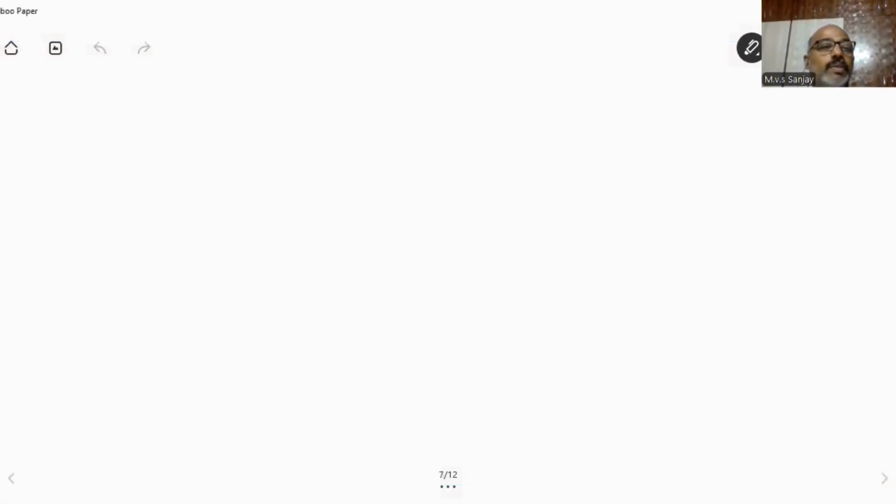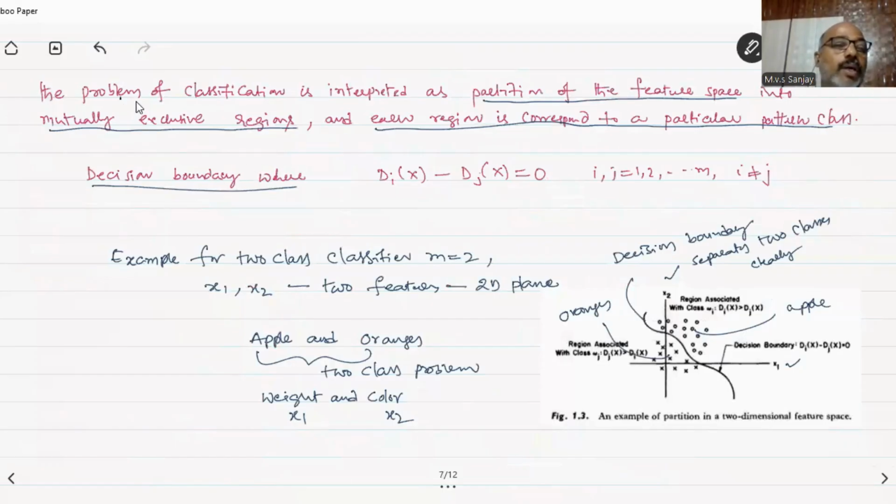Next, the problem of classification is interpreted as the partition of feature space into mutually exclusive regions. Each region corresponds to a particular pattern class. Decision boundary is where di of x minus dj of x equals 0. Below is an example of a partition in a two-dimensional feature space where x1 and x2 are two features.